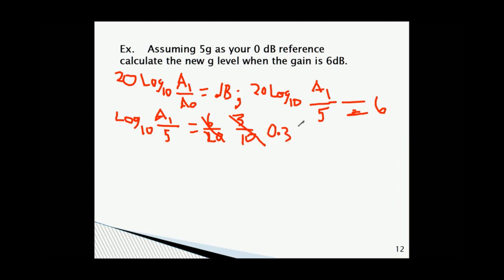Okay, and now we are going to use some logarithmic rules. Log 10 becomes 10, and 0.3 becomes the exponent of 10, and A1 over 5 will be moved over to the other side of the equation.